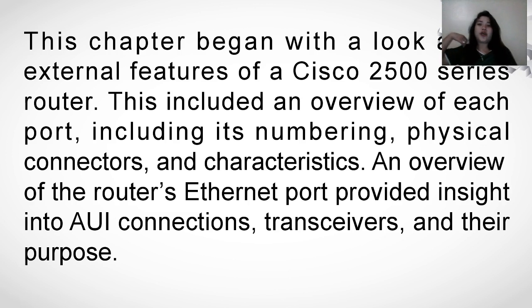So, this chapter began with a look at the external features of a Cisco 2500 series router. This included an overview of each port, including its numbering, physical connectors, and characteristics. An overview of the router's Ethernet port provided insight into AUI connections, transceivers, and their purpose.